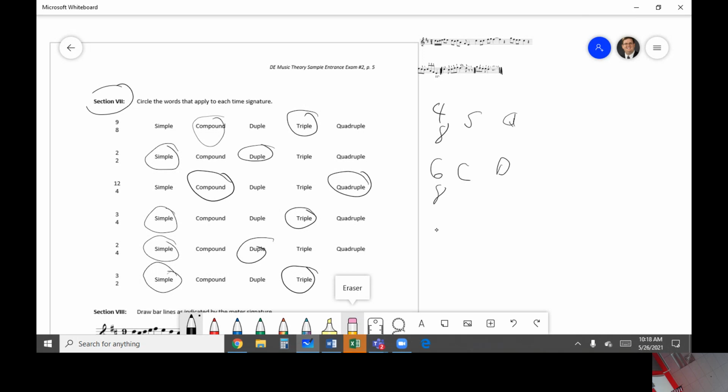Let's try 2-2. Simple or compound? Simple. Duple, triple, or quadruple? Quadruple. 12-16. Simple or compound? Compound. Duple, triple, or quadruple? Quadruple.